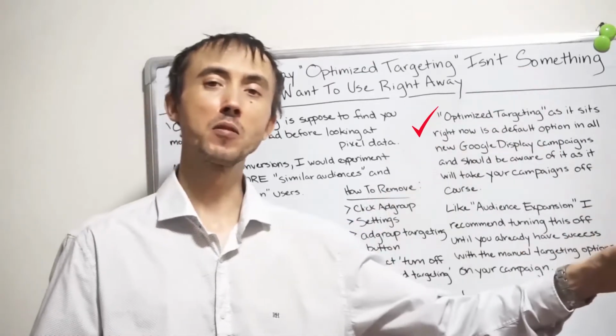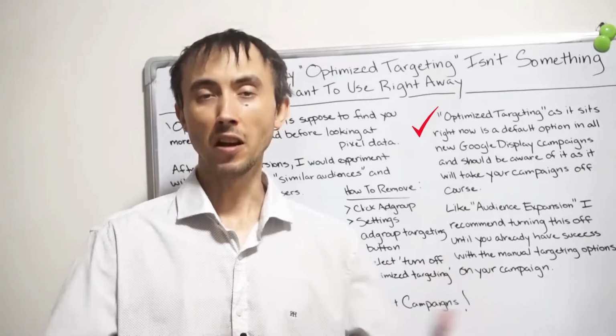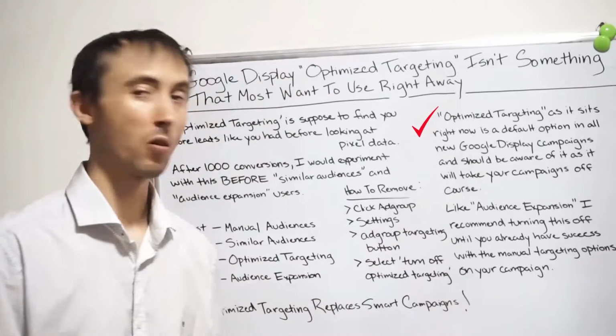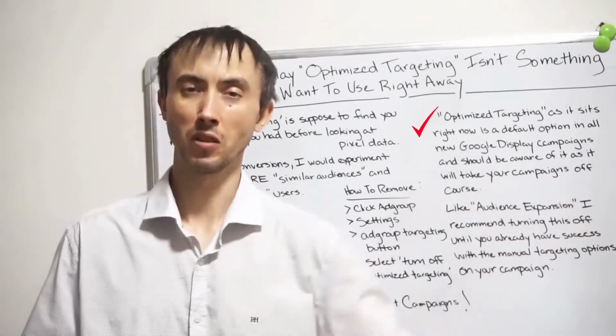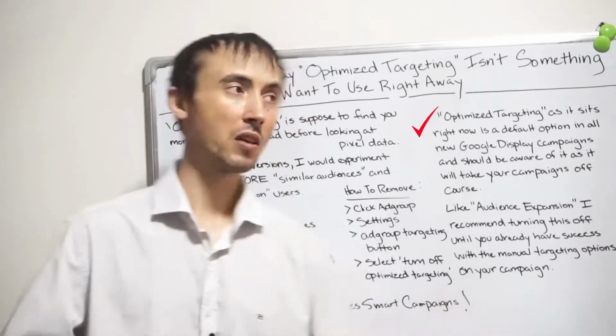It knows how to go after more of that and fine-tune the targeting to get you more customers at the high rate of return that you're looking for, or whatever you set the campaign to look for, which is called target ROAS in smart shopping.